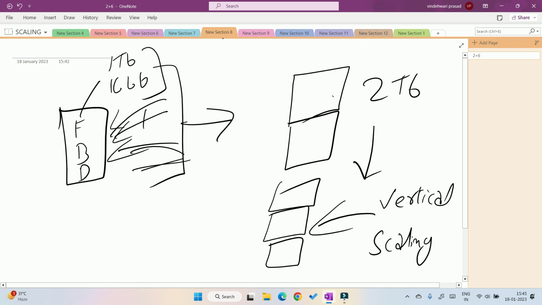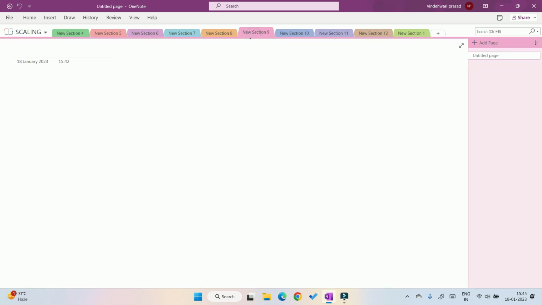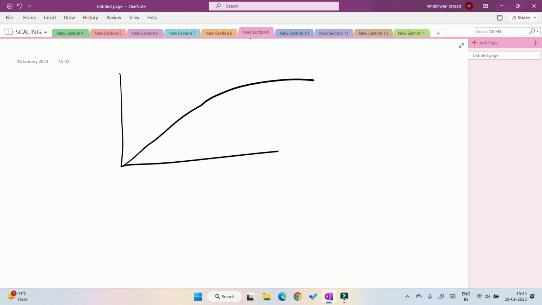Okay. But this type of scaling has its own limitation, and there are two very important limitations. First one is, after a certain point you can't scale this system. What does it mean? Okay, if this is scaling and this is performance, then for a certain scale it is very good.